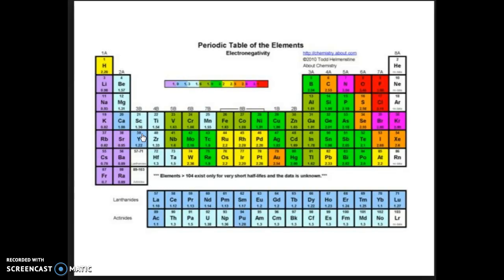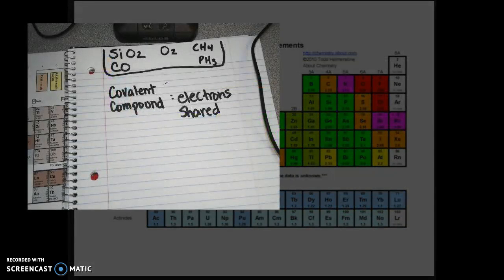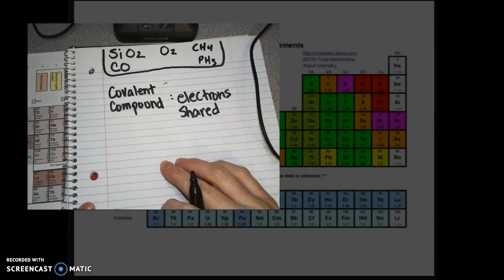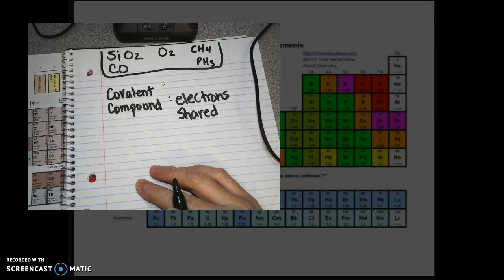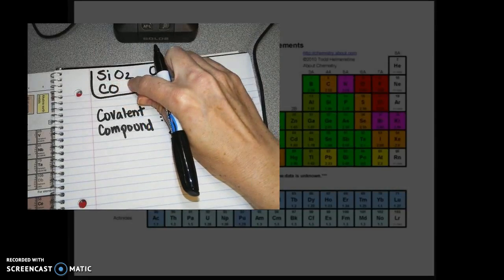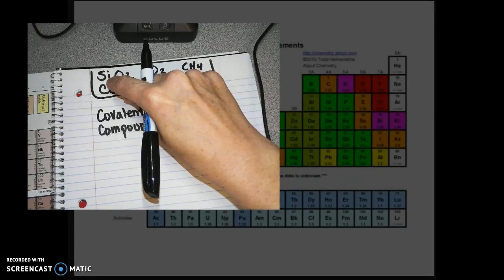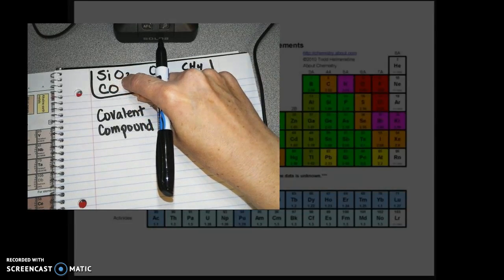So when we're looking to write these Lewis dot structures, what we want is to start with the atom that is the most electronegative in the center if we have more than 2. Okay, so for silicon dioxide, we have 1 atom of silicon and 2 of oxygen.